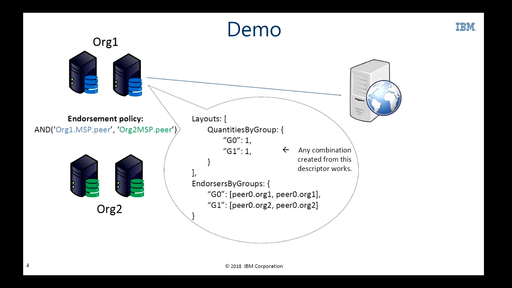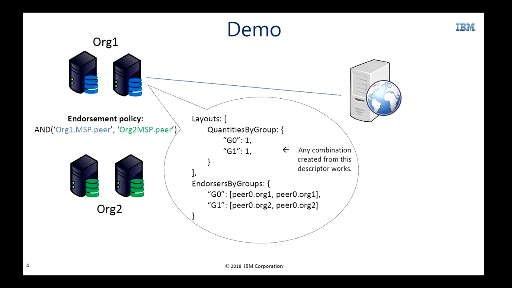So in our example, we have two organizations, so the output that is going to be returned will have G0, G1. It is done in such a way because the name of the group in the layout is generated automatically. It's not a problem for now, and we need only one endorsement from each organization.